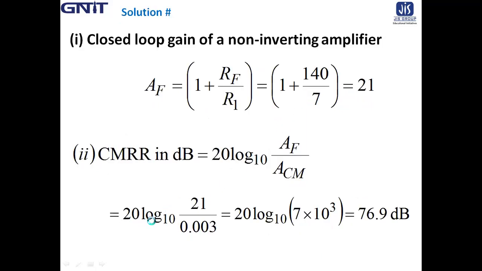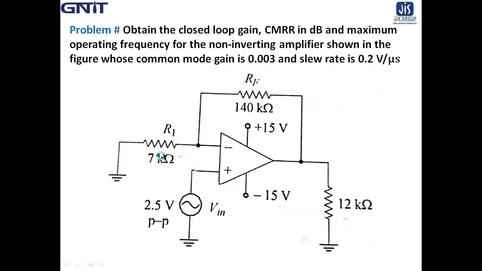So we calculate it, 20 log10 of 21 by 0.003, that will be 76.9 dB. Next is you have to determine the maximum operating frequency when the slew rate is given.